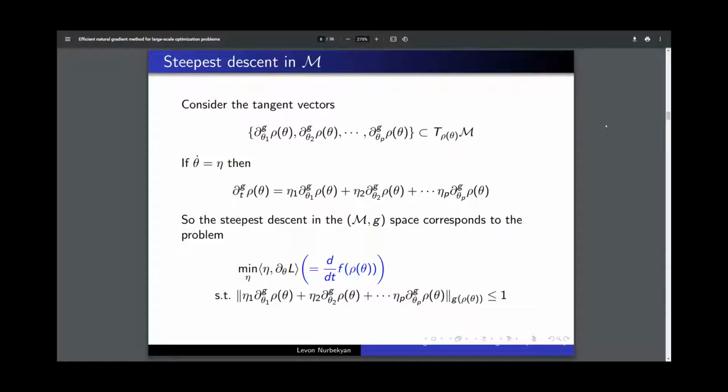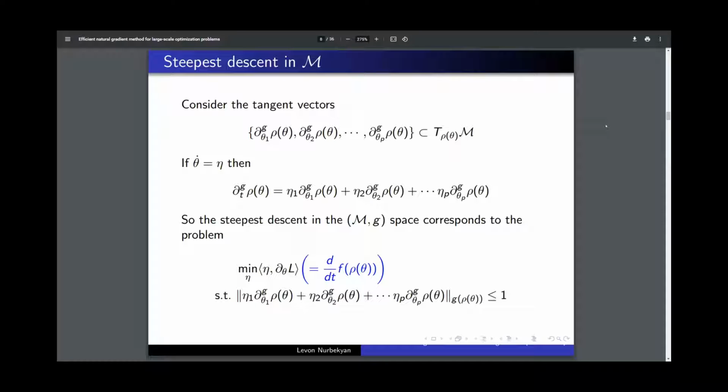If we're changing in a unit direction in theta 1, then on the manifold, we're going to go in the direction of the partial theta 1 rho with respect to G. I have the superscript G just to mention that we're respecting the geometry. And if our parameter theta is changed in the direction of eta, then on the model space, our forward model will change according to this combination of fundamental tangent directions.